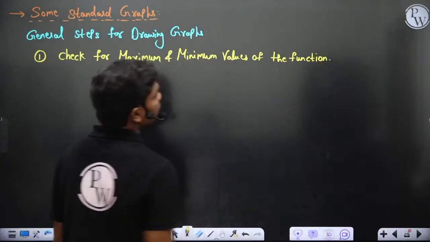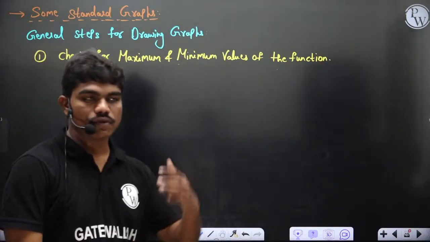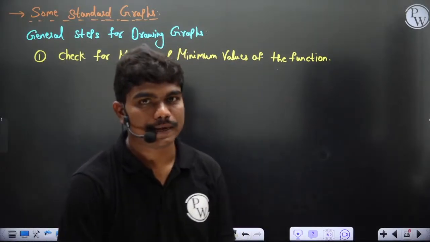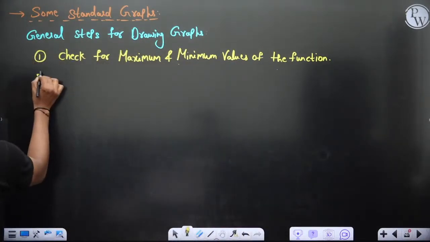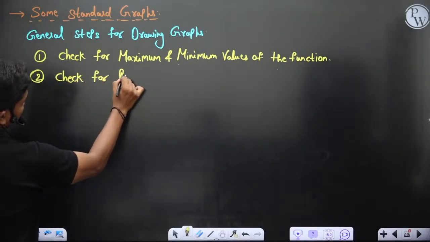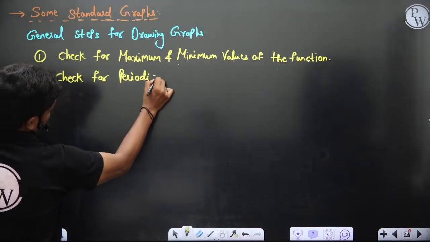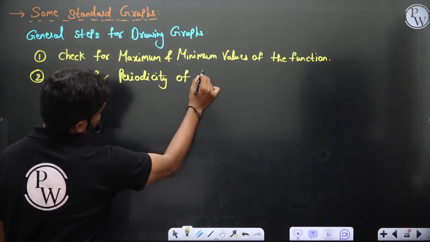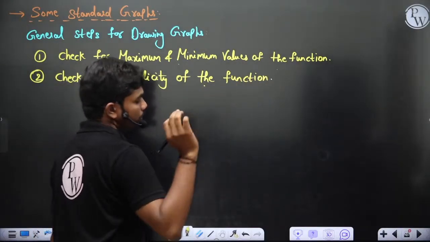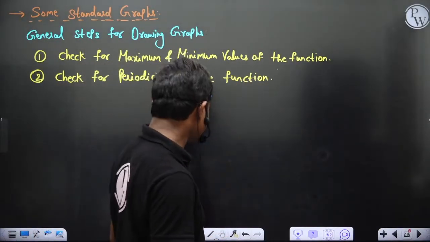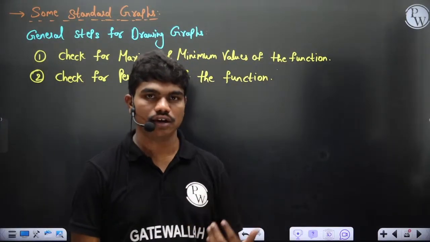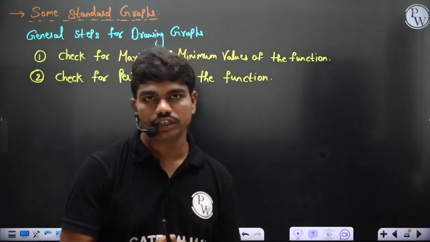So first check whether there are any limits, meaning is the function bounded between any two values? This is what you should check. Second, check for periodicity of the function. Periodicity of the function means basically, is the function repeating? Like you take sin x, sin repeats after every 2 pi interval. So similarly, is there any repeating kind of nature for the function? That's what you have to think.